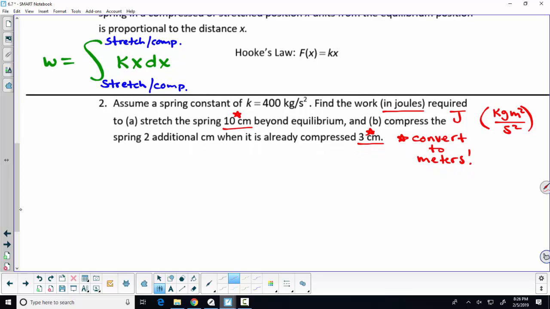So part A. We're given k equals 400. We can configure units later. So what does the work setup look like in part A?